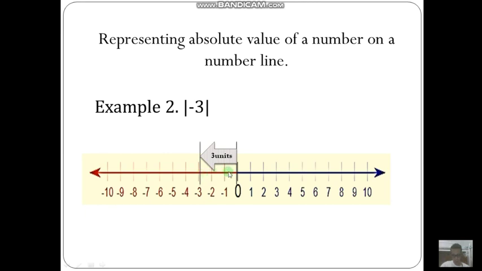So that means the absolute value of negative 3 is 3. So this is very simple, guys. Just count. In order for you to get the absolute value of a number, all you need to do is count the number of units from 0 going to the indicated value.